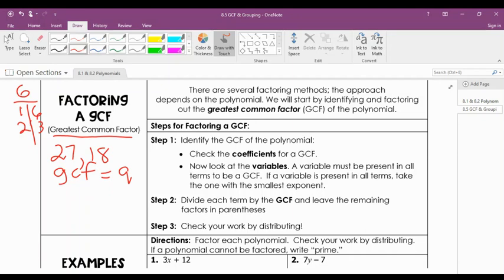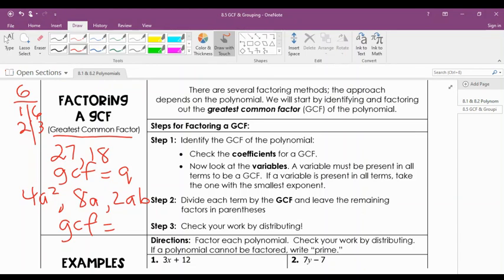All right, so now I'm going to look at this other example here. If I have 4a squared, and I have 8a, and I have 2ab, what is the GCF for this group of terms? It's not a polynomial because it doesn't have plus or minus in them, but it's just a list of terms, and I want to know what is the GCF for these three terms.